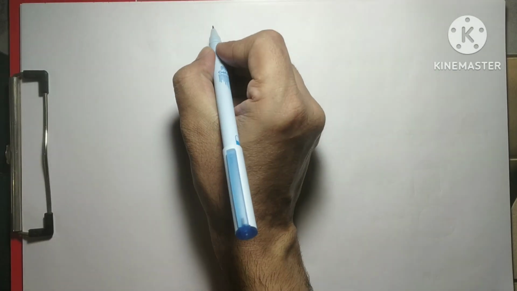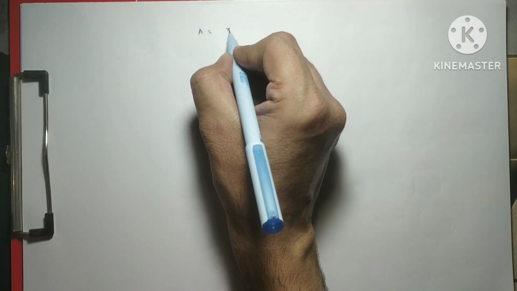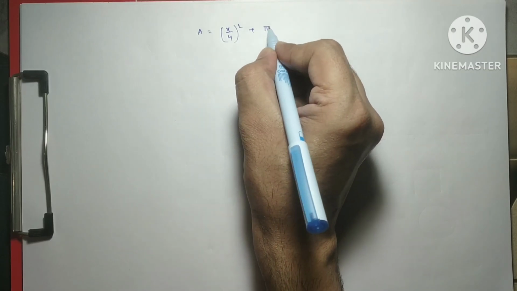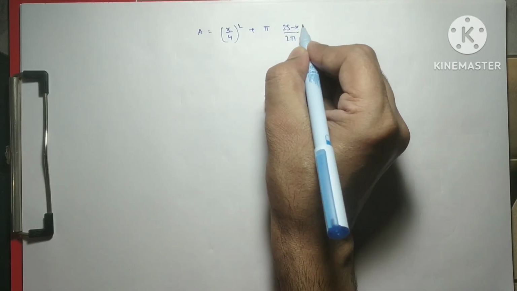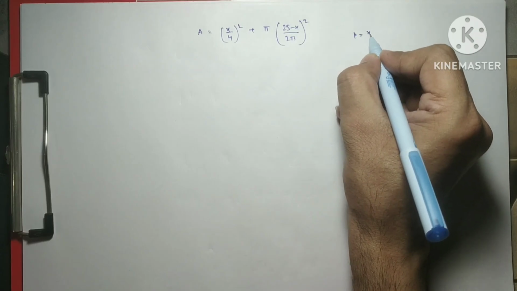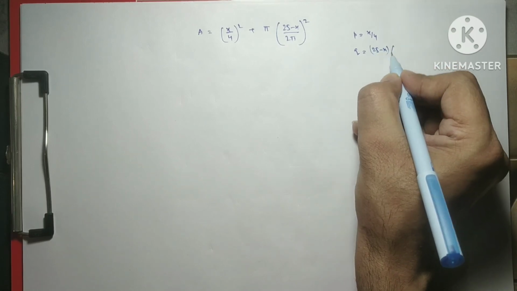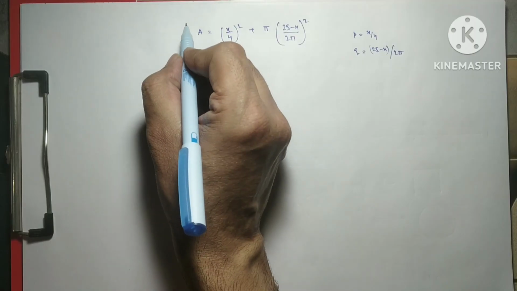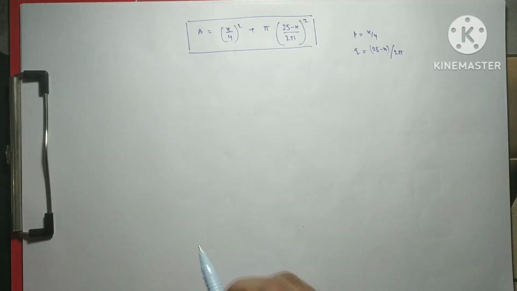So the area expression A equals P square, where P is x by 4, plus pi q square, where q is 25 minus x over 2 pi, squaring this. So we put these values. Now this is the area expression on which we will apply the second derivative test.